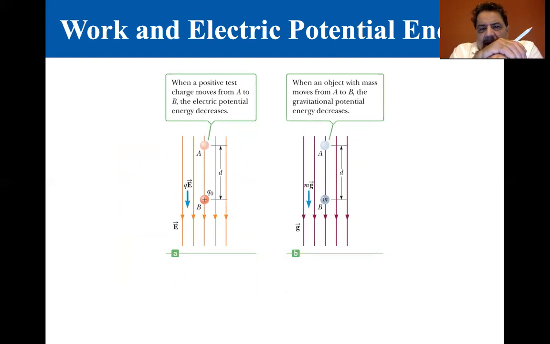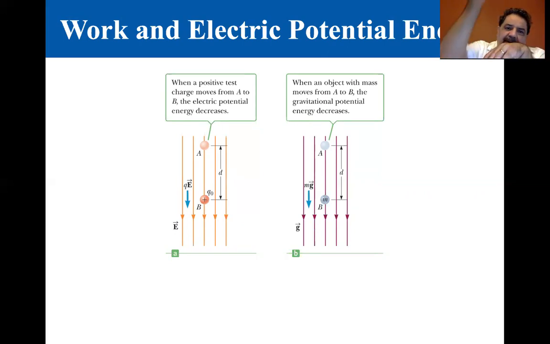Okay, we can compare this to the gravitational case. On the left, we have a positive test charge that moves from A to B. The electric potential energy decreases. When an object with mass m moves from A to B, the gravitational potential energy decreases. You have to do work to lift it, to get its mgh, the potential energy, up. When you let it fall, it loses that potential energy.